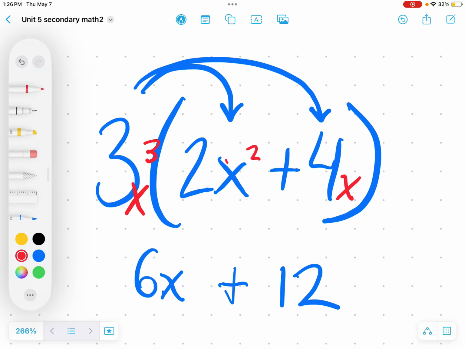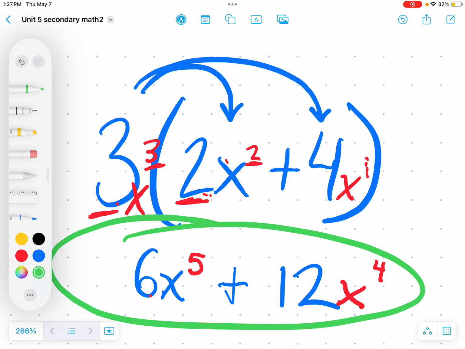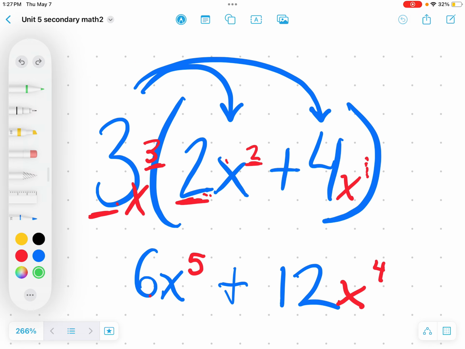So what we're going to be doing today is something called factoring. Factoring is backwards distributive property. You'll be given the answer, and you need to undo it and take the thing out. What you're going to be taking out is the GCF.